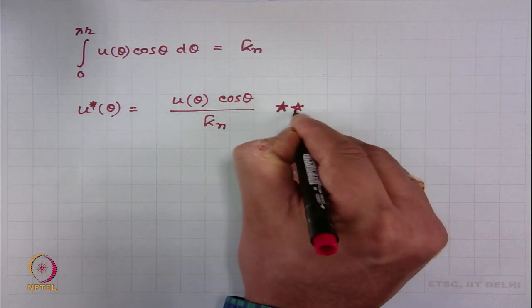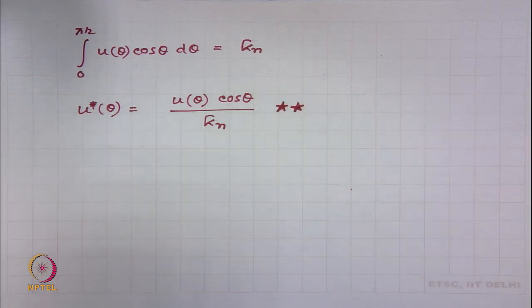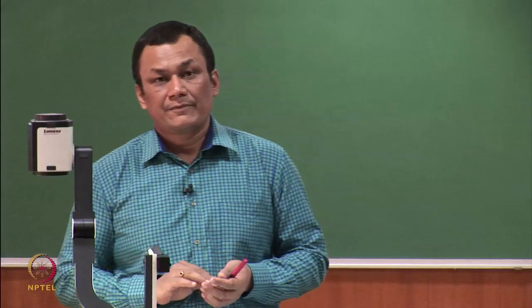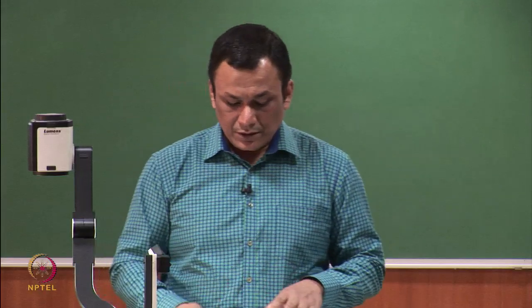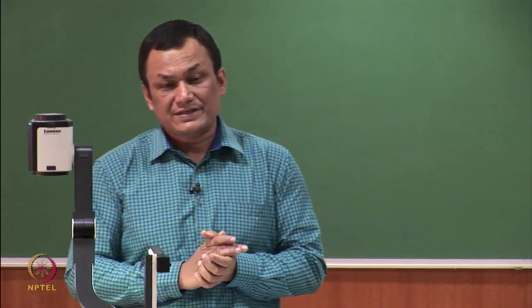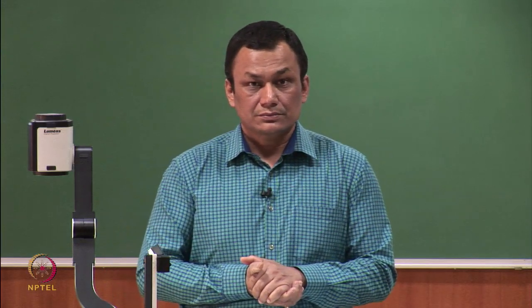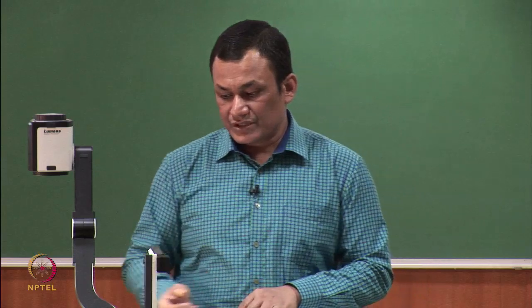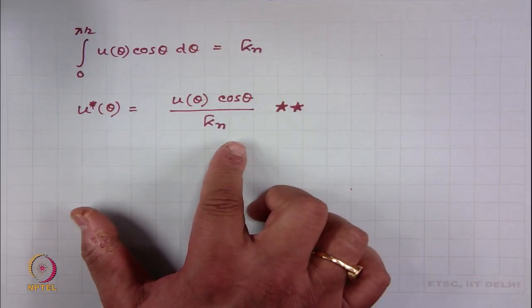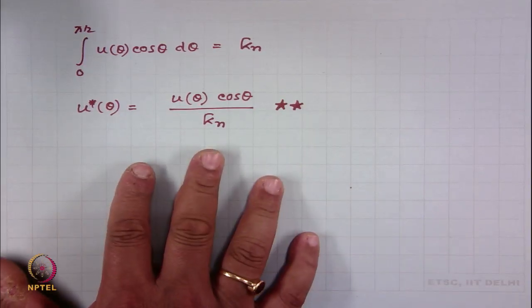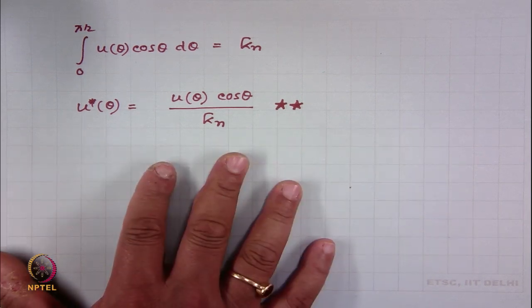This is an important relation. That means, what is the PDF of intersected fiber segments in a prism? This is the expression of that PDF. So, this expression is very important.